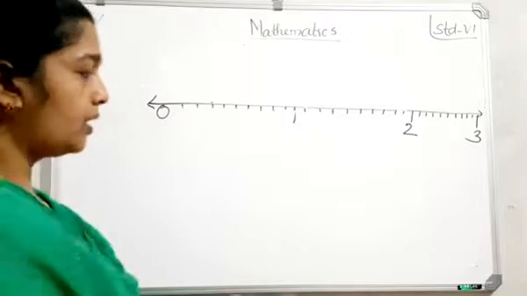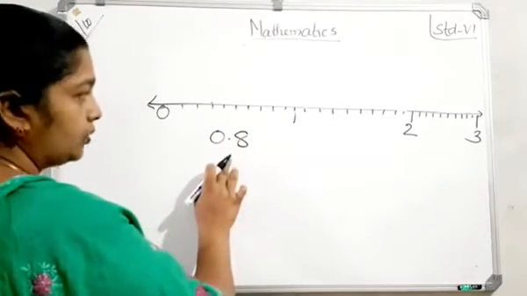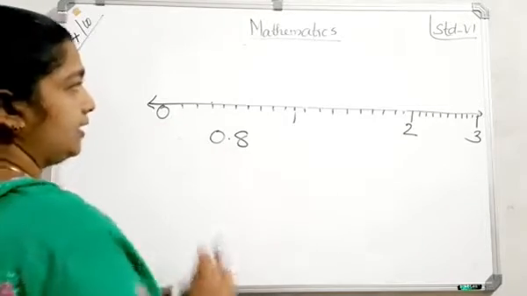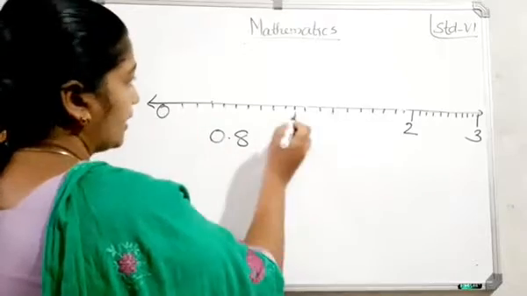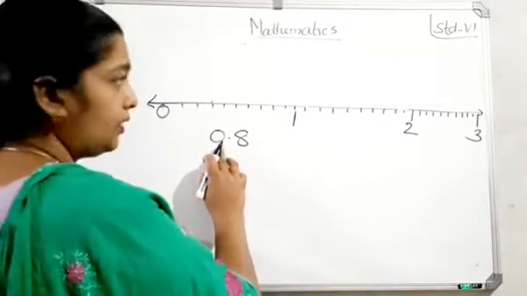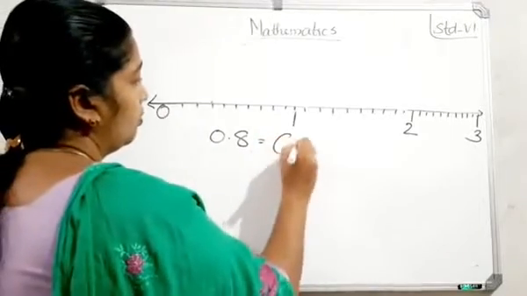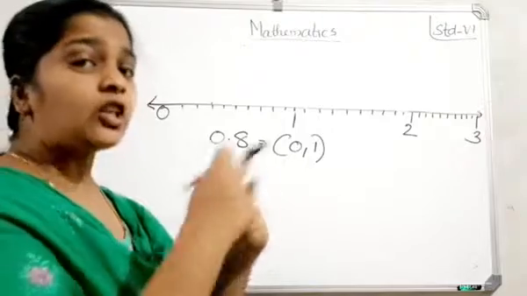Question number 1, 0.8. Where does it lie? Here. That is between, say the answer, 0 and 1. Clear? So 0.8 lies between 0 and 1. You can write the answer in the textbook. Then the second part: near to where?